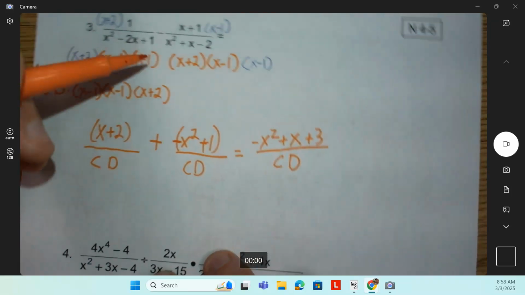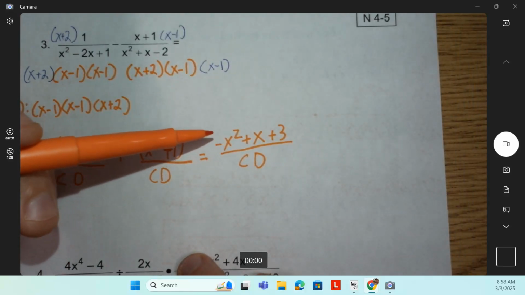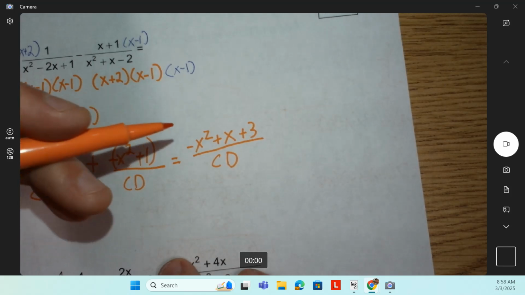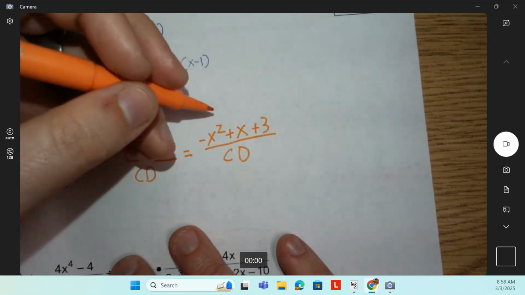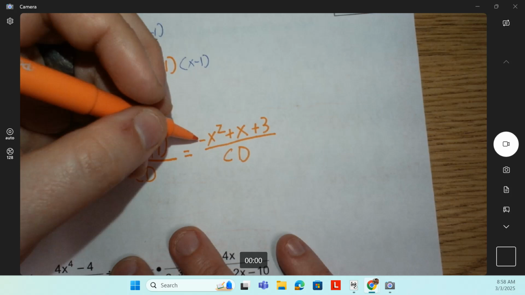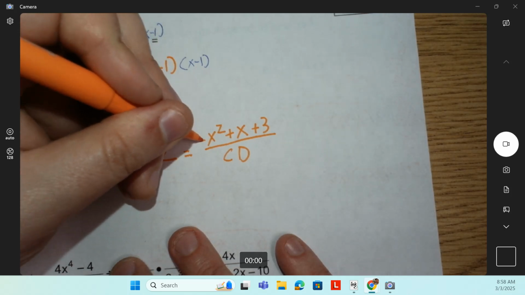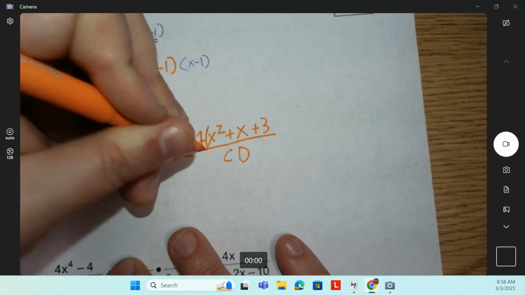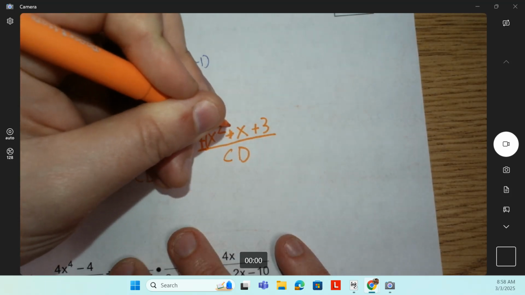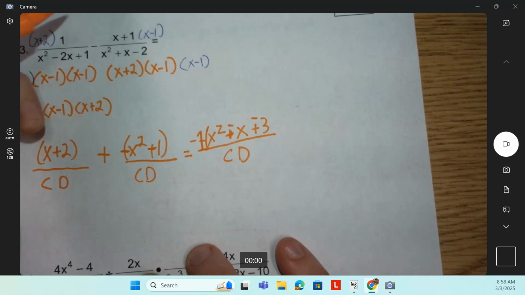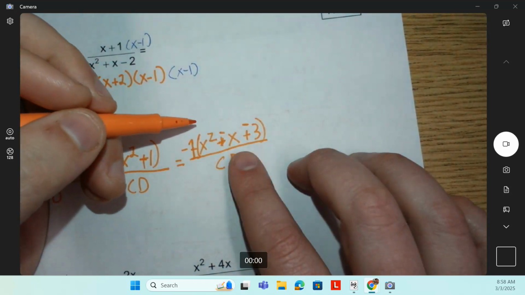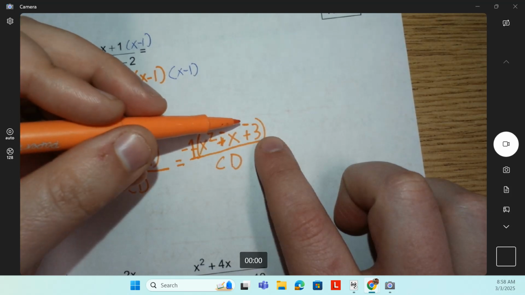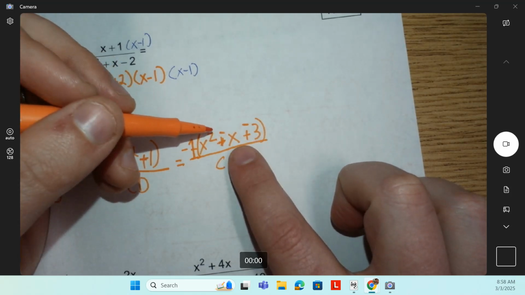And so I run into an instance where I need to factor this out if possible, just to see if anything will cancel out. And so I'm going to pull out a negative 1 first. So if I pull out a negative 1, it's going to make that positive. This is going to turn negative, and that's going to turn negative, just so that my factoring works out. See if I can get something that multiplies to a negative 3, adds to a negative x there.